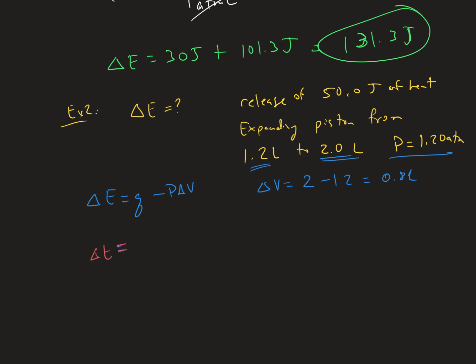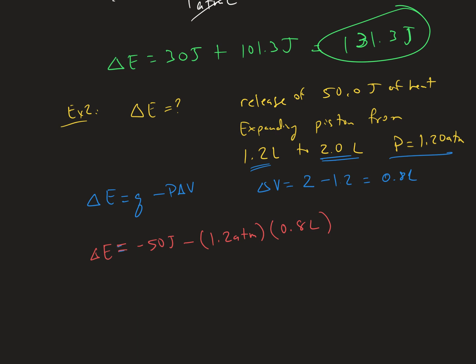So delta E, what's our Q value? Positive 50 or negative 50? Negative 50 joules. Minus our P is 1.2 ATM, times our delta V is 0.8 liters. Convert that?